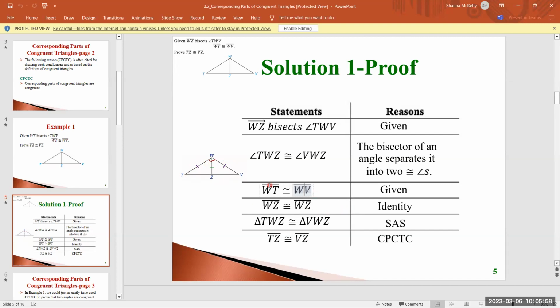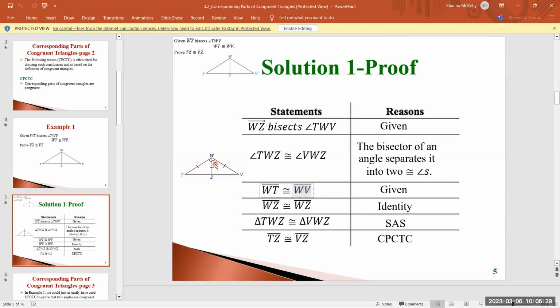And so therefore, triangle TWZ is congruent to triangle VWZ, because look, we've got a side that's given to us, we've got the bisector congruent to itself, and we had that angle right in the middle that was given.